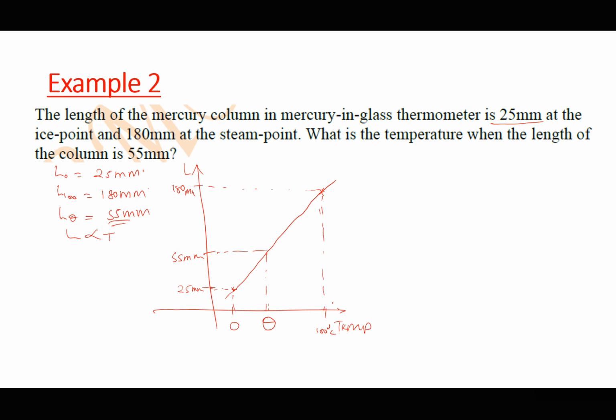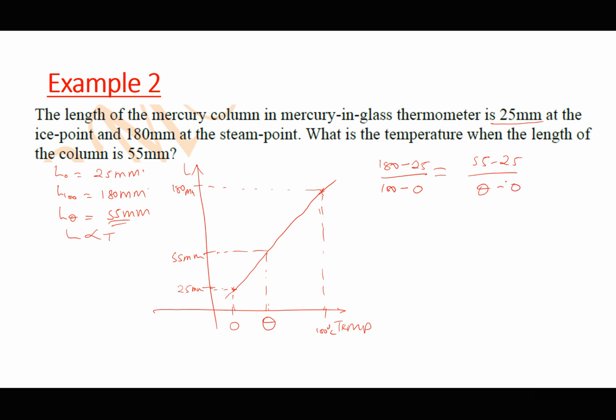So we don't need to cram any formula, we just think about the gradient. The gradient is 180 minus 25, that is change in y, over change in x, which is 100 minus 0. This should be the same as 55 minus 25 over theta minus 0.